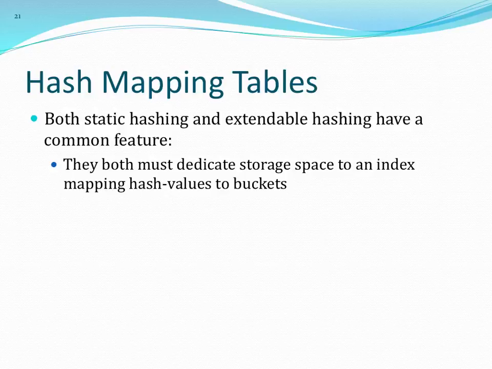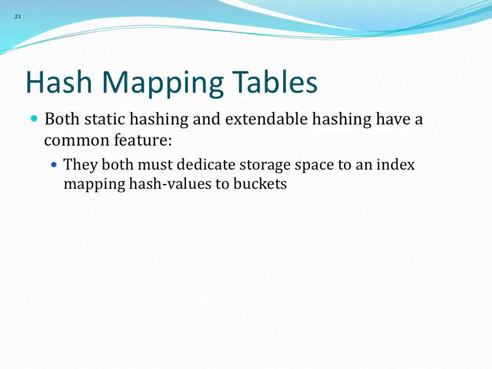If I have 32-bit hashes, that's 4 bytes, and a page pointer, which is easy in NanoDB, is 2 bytes to say where the page holding the records with this search key hash is. So now I have 6 bytes, and I have to divide that into 8K or 4K. How many entries can I have? I'm not super good at math, so 4K entries? No, that can't be right. 2K entries? 1K? Somebody help me out. I think 1K entries is right.